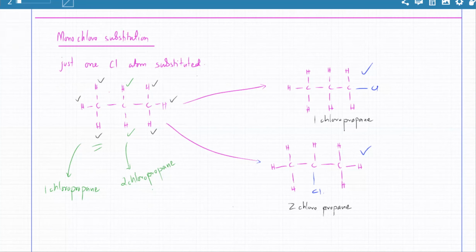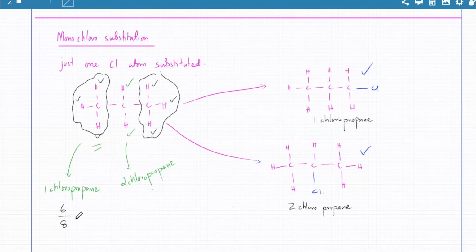So when would you get 1-chloropropane? Out of the 8 hydrogens, 6 of them are going to lead to 1-chloropropane, like these ones. You substitute any of these hydrogen atoms, or any of these hydrogen atoms. Just one monochloro substitution, just one chlorine atom substituted on any of these hydrogen atoms. If they get replaced and you put a Cl in its place, it's going to form 1-chloropropane.